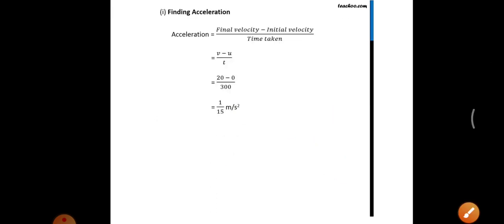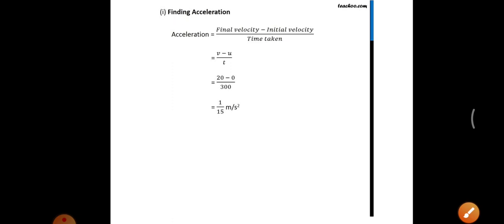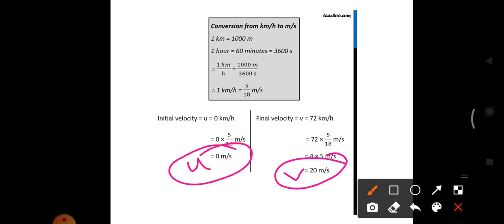The next we want to find acceleration. You know the formula of acceleration: acceleration equal to final velocity minus initial velocity by time taken. The final velocity is represented by letter v, initial velocity by the letter u and time is t. You have to substitute these two values in the acceleration formula.